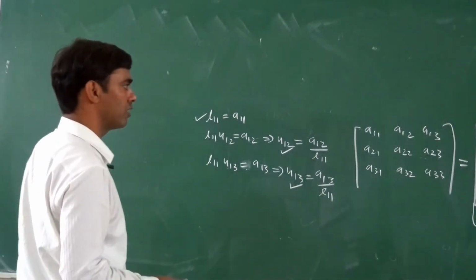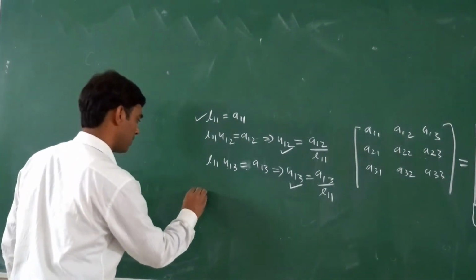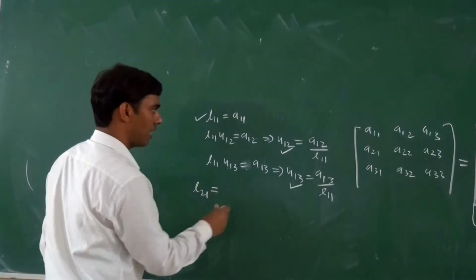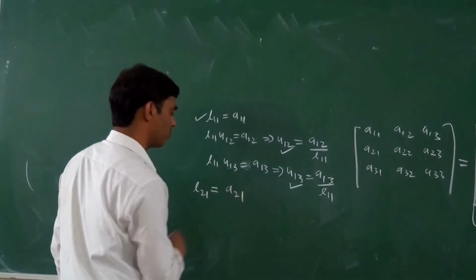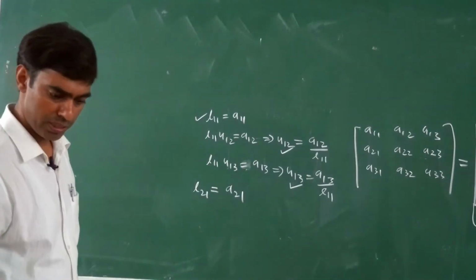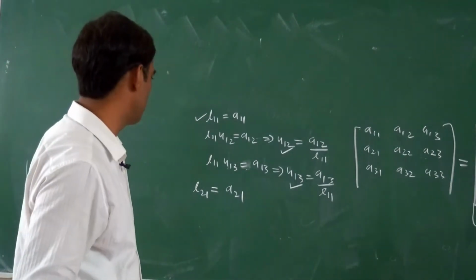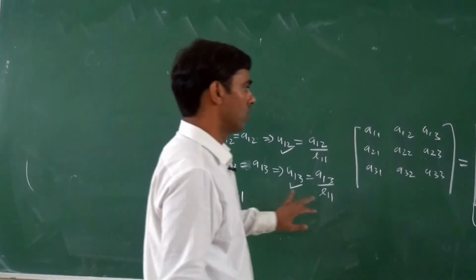By comparing the second row, what is the value of L21? L21 is A21, and A21 is a known value, so we are able to find the value of L21.